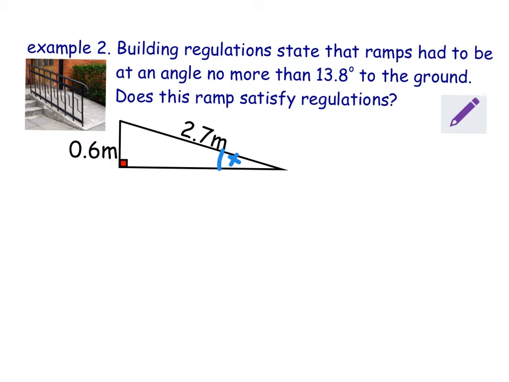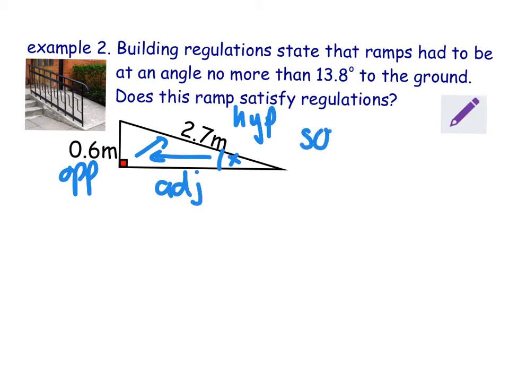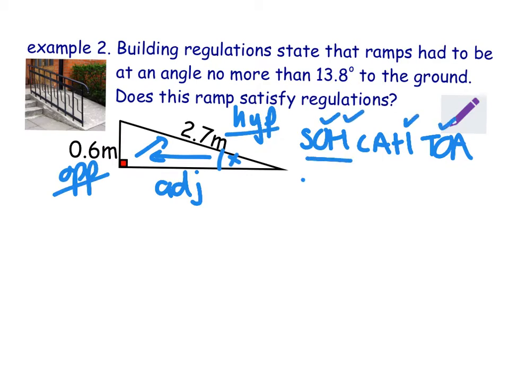So we're going to label it. Across from the angle is my opposite. Across from the right angle is my hypotenuse. And the base there with nothing on it is the adjacent. So writing out SOH CAH TOA, we are going to tick off the ones we know. We know opposite and hypotenuse. So it's just coincidence that it's sine again for this one.